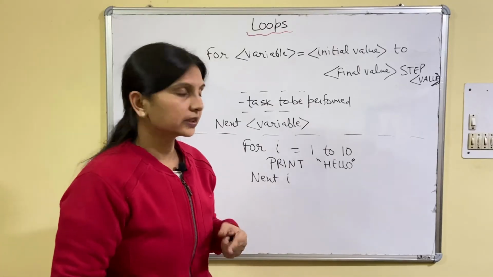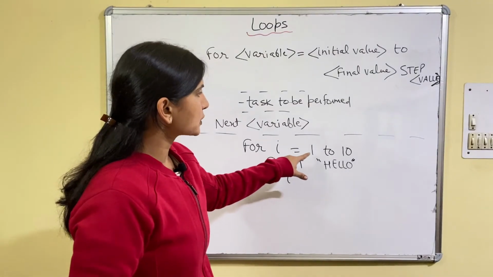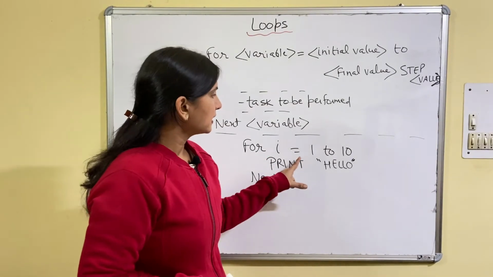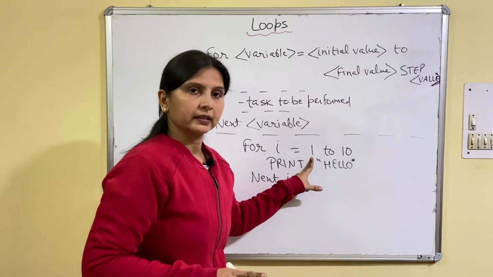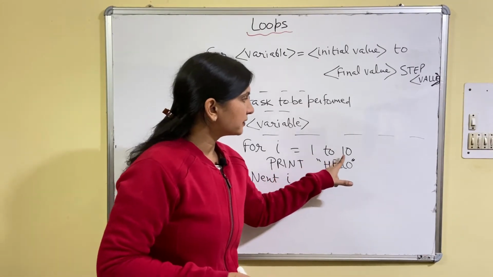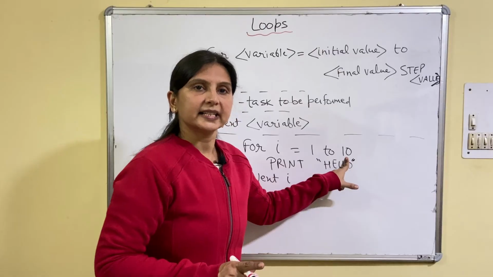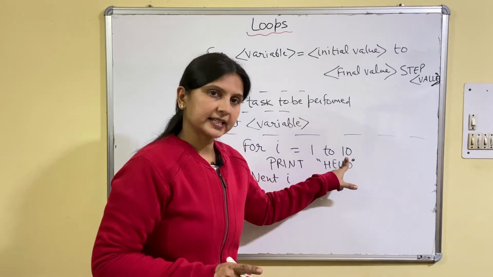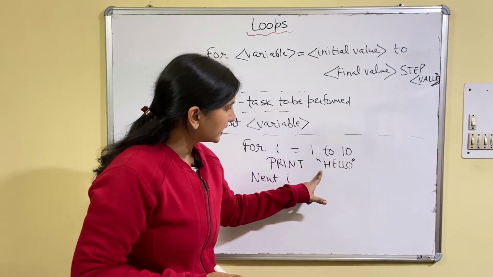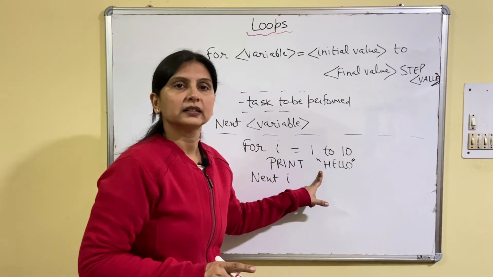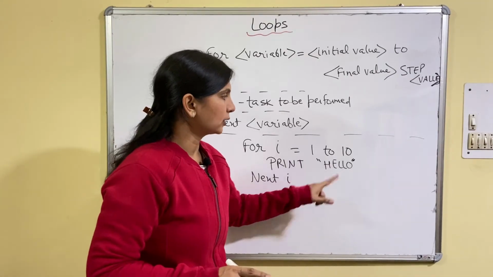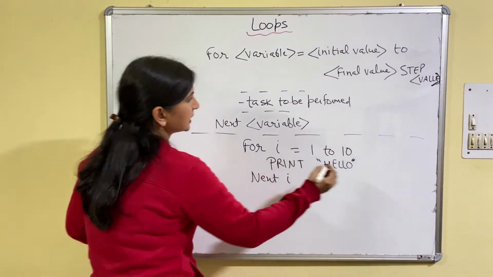And how does it work? I equals 1, so initially the value of I is 1. Then the condition will be checked: 1 less than or equal to 10. Yes, the condition is true, so it will go inside the loop and print hello.